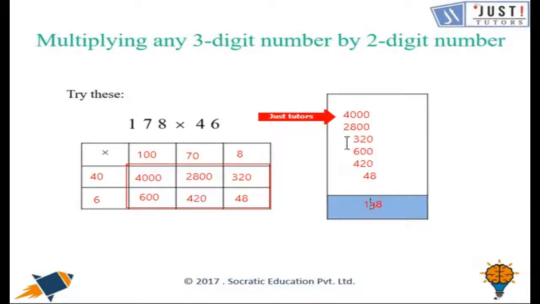So 1 here and 2 is carried over at the top. Then 2 add 4 makes a 6, 6 add 2 makes an 8. So there you go. So the final answer for 178 times 46 is 8188.